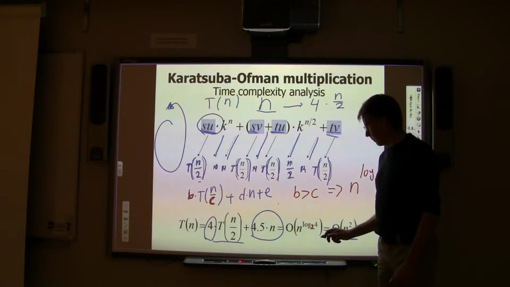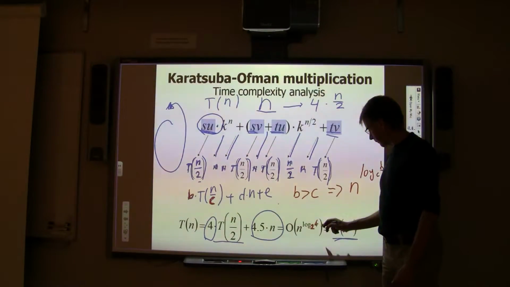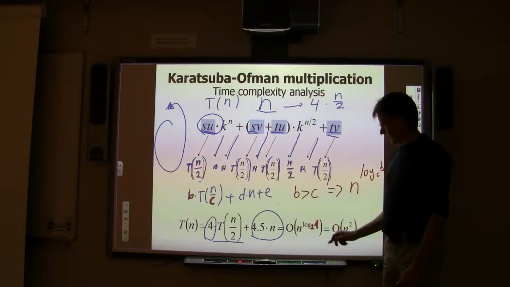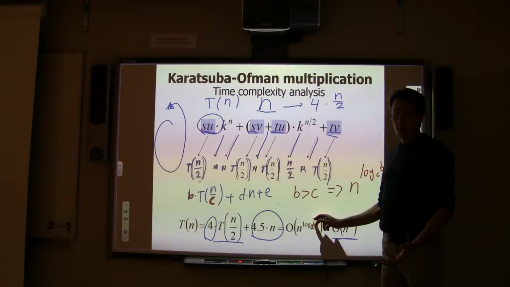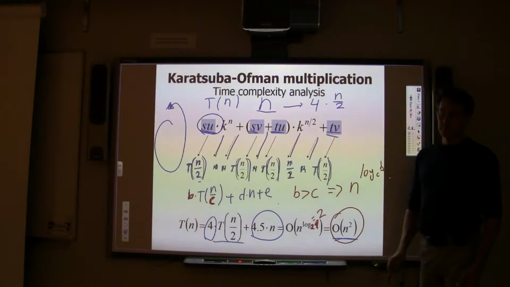B is 2, and C is, oh sorry, vice versa, C is 2, and B is 4. 2-based logarithm of 4 equals 2, order n power 2.